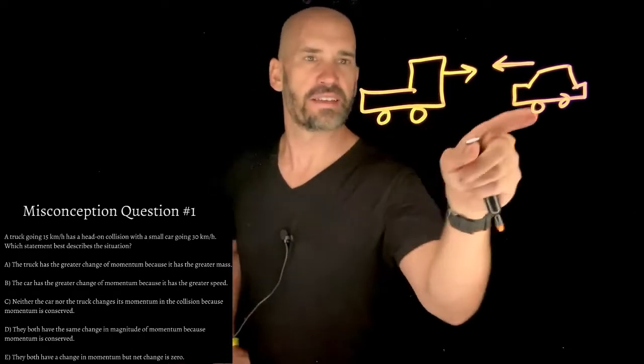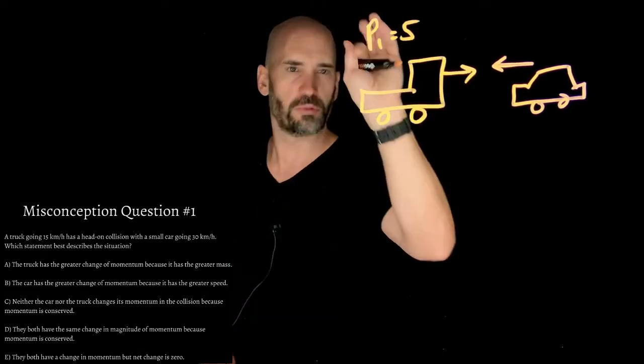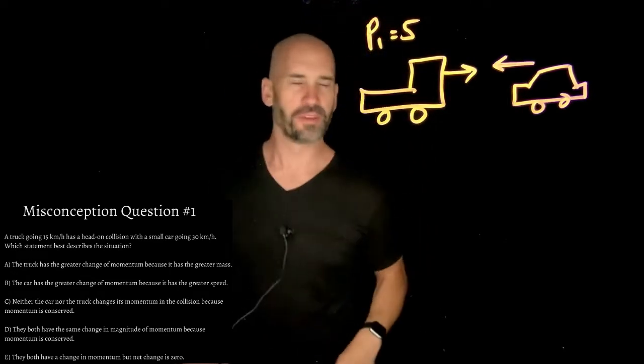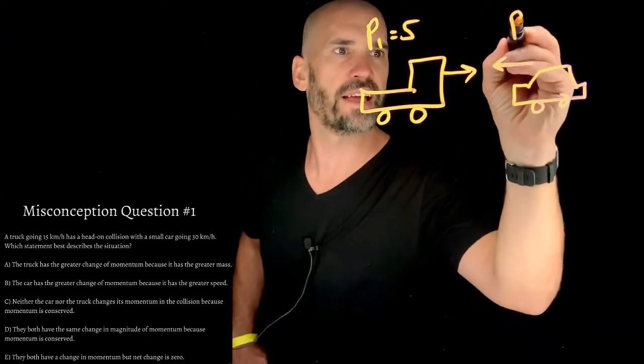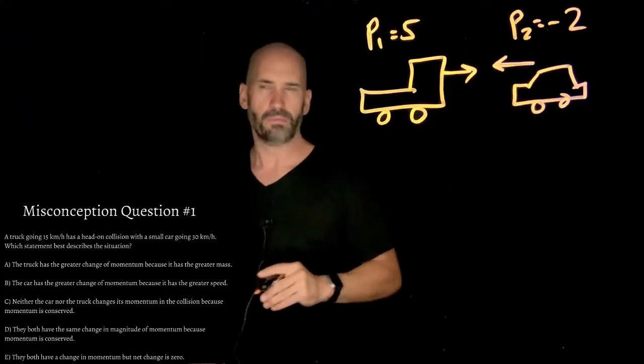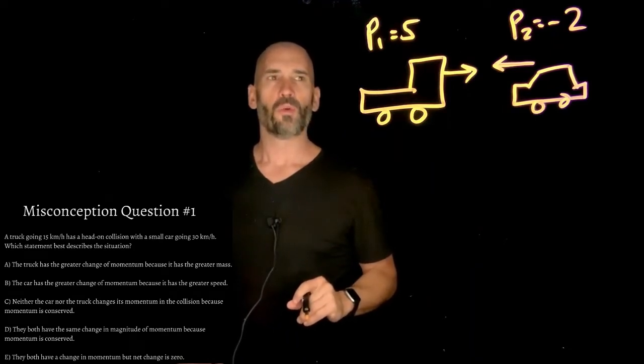All right, so let's start out with this one having a momentum of 5. We won't even pick any units, we'll just say 5 momentons, whatever. And we'll say that this one has a momentum of -2 momentons. Now, what do we know?